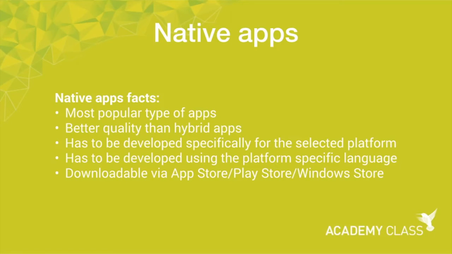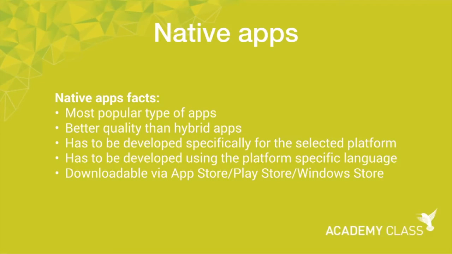I mean, if the developer's really bad, of course hybrid apps can look much better than native apps. However, if you're building a super big production app, you should probably go with native apps.